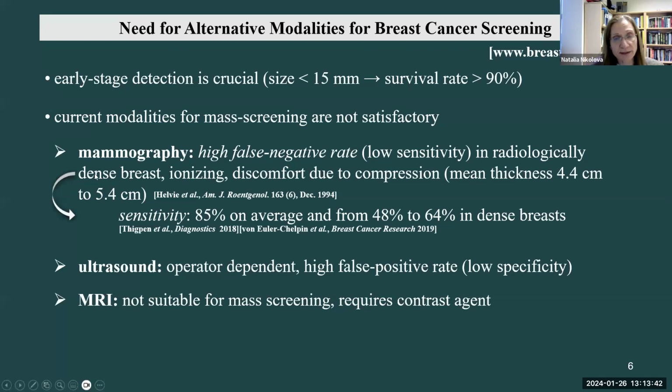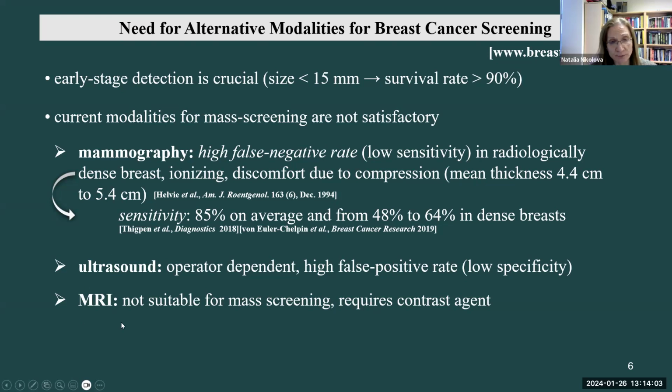In fact, in the case of dense breasts, they always recommend ultrasound as a complementary modality. Ultrasound requires highly trained operators. It is never a good screening modality on its own, but when paired with mammography, it is very useful.